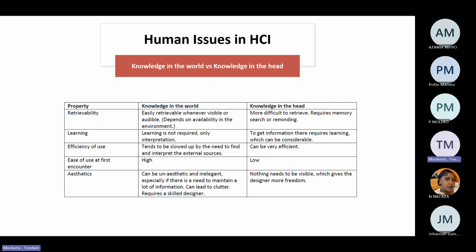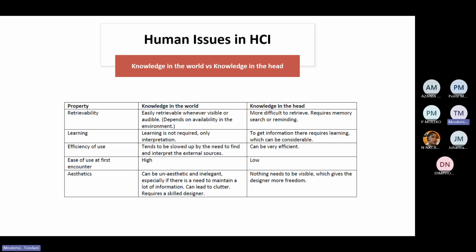Knowledge in the head is more difficult to retrieve because it requires memory, search, or reminding. Something like a PIN number is knowledge in the head because the user must remember that PIN number. The property of learning: with knowledge in the world, learning is not required, only interpretation. You just need to read the prompts on the screen.